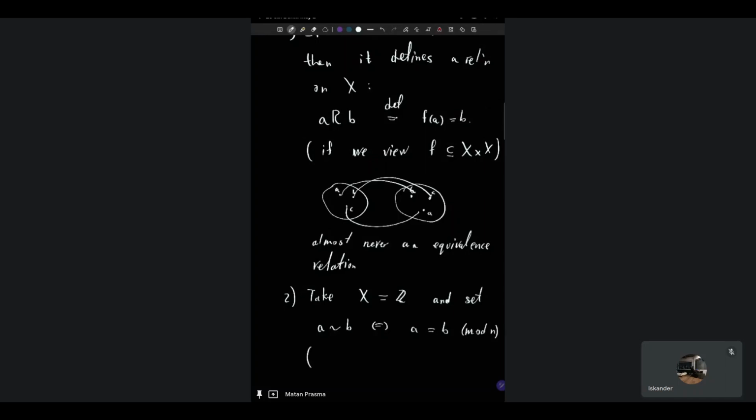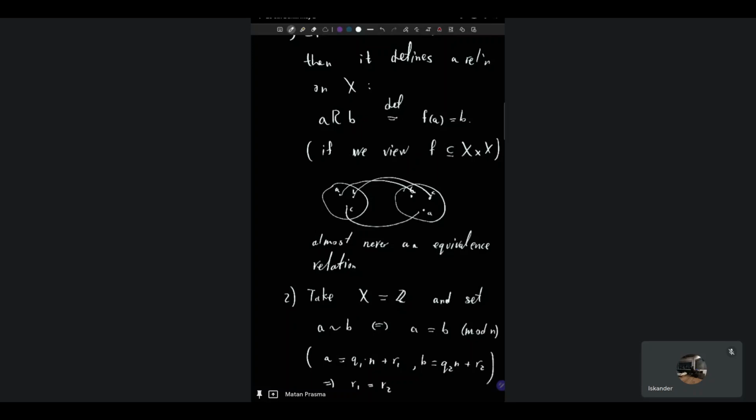This means that when I do long division of A by N, I get, let's say, Q1 N plus R1, and I do long division of B with N, I get some Q2 N plus R2, then R1 is equal to R2.